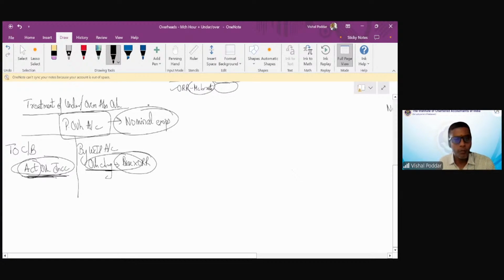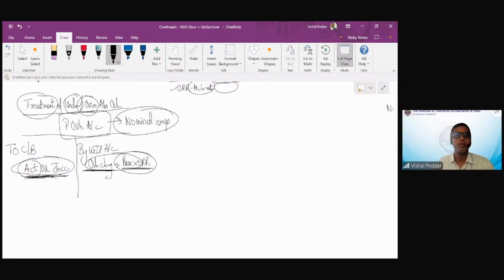There is always going to be some difference between the two values because this is actual, and this is what is charged using this formula. Now, whatever the difference is would be either under absorption or over absorption. Now, the sum that we are going to have shows the treatment of under or over absorption in cost accounting.